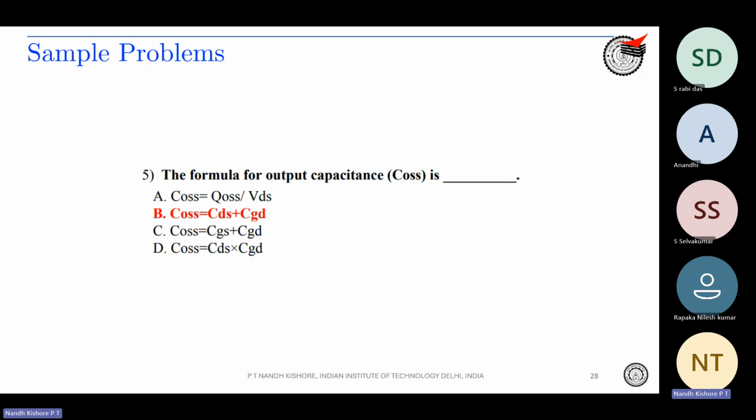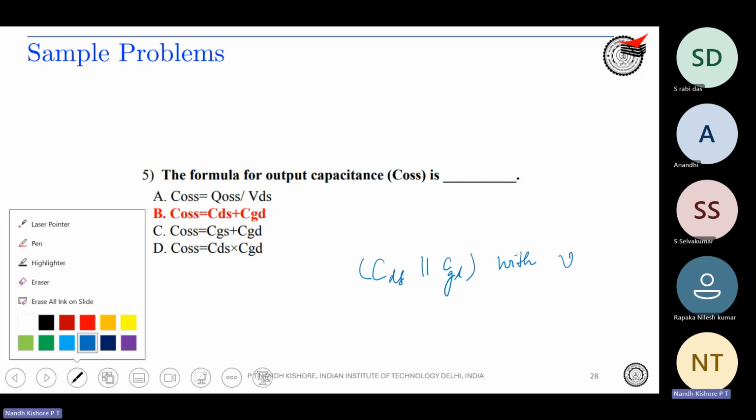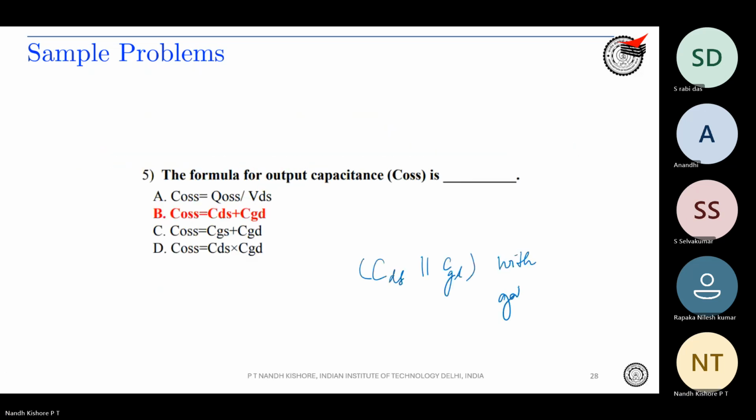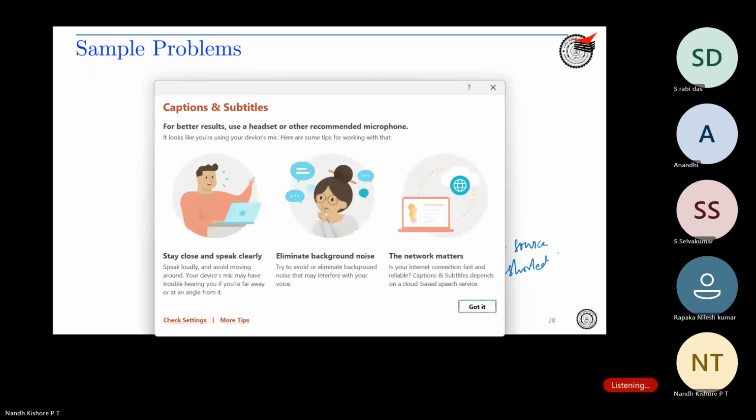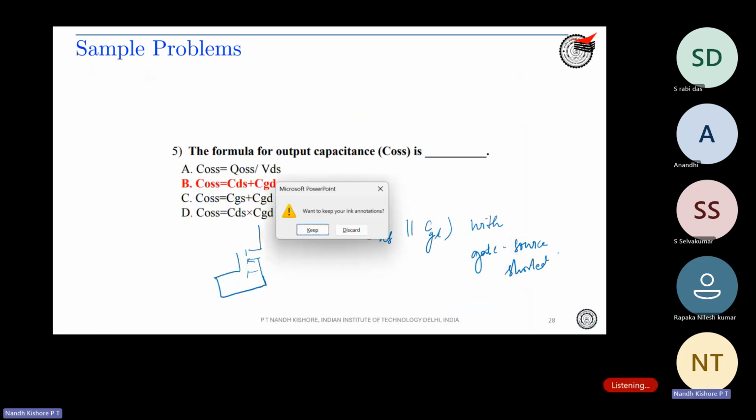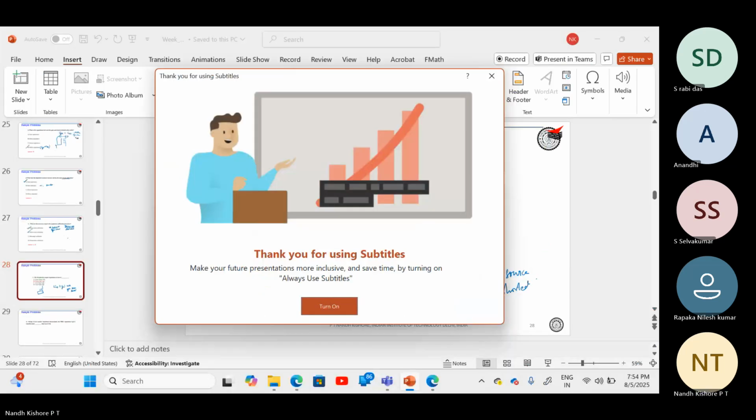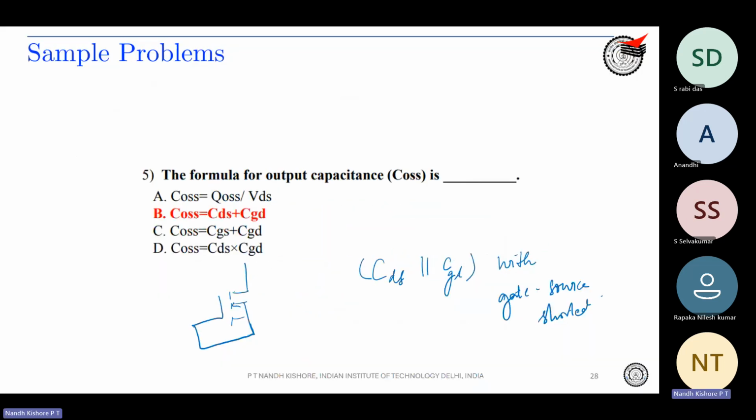And what is output capacitance? We just discussed this very elaborately. COSS, CDS coming in parallel with CGD, with gate and source shorted. Correct.